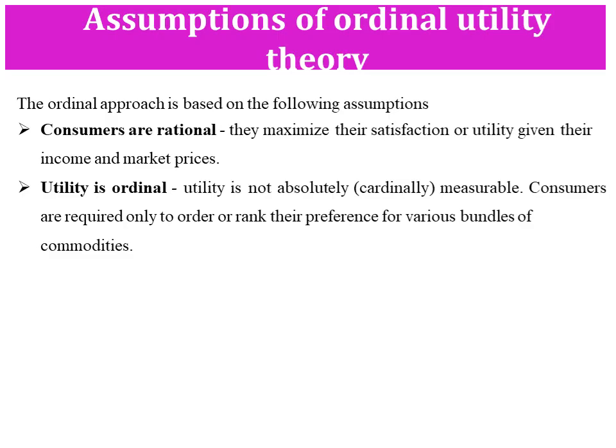So that we can say utility 10 utils, 20 utils, 100 utils, 19 utils, and so on. But under the ordinal approach, utility is ordinal. It comes from order. Utility is not absolutely or cardinally measurable.